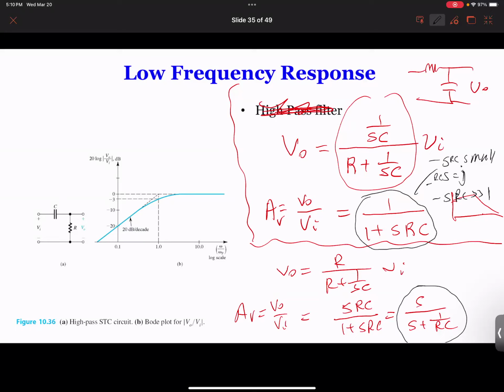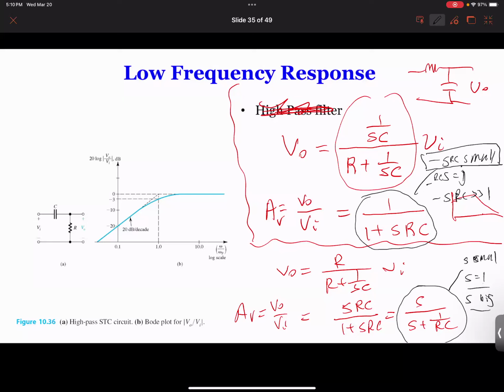But one of the most important things is when SRC is small. When it is small, that thing is gone. So the whole thing is 1/1, okay? But for this case, we have S is small, or we have S equal to 1/RC or something like that, or we have S is big.